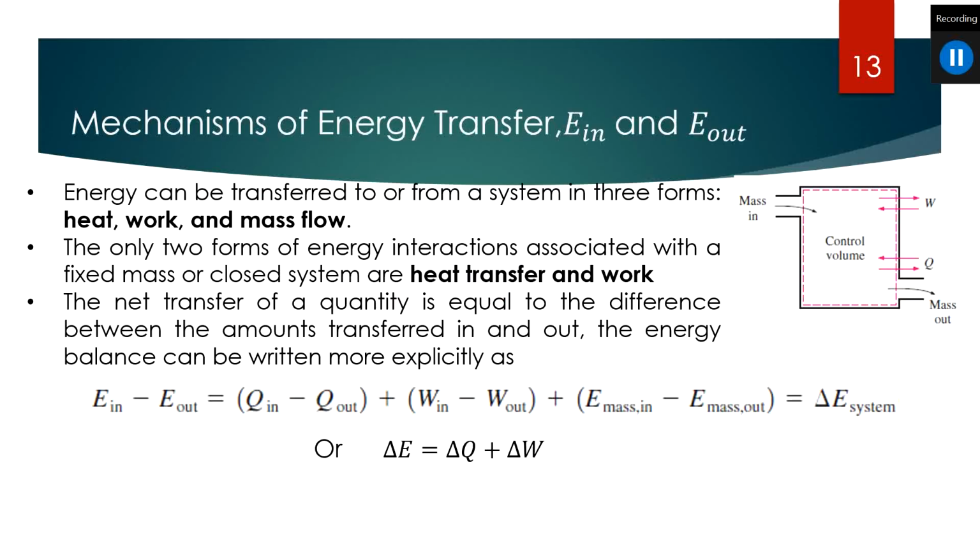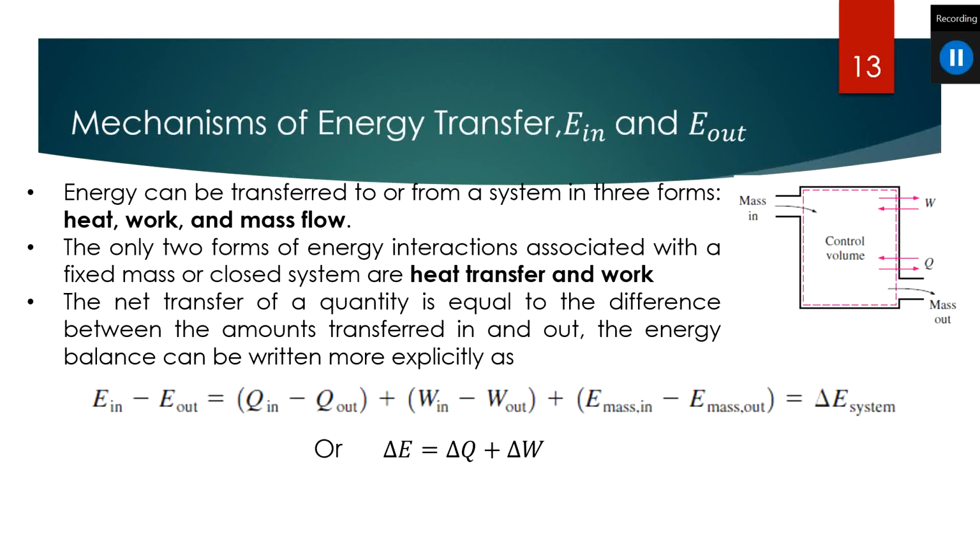Mechanisms of energy transfer, that means E in and E out. Consider a system. Energy can transfer between the system and the surroundings in the form of heat, work, and mass flow. Mass flow means any quantity of mass entering the system and leaving the system.